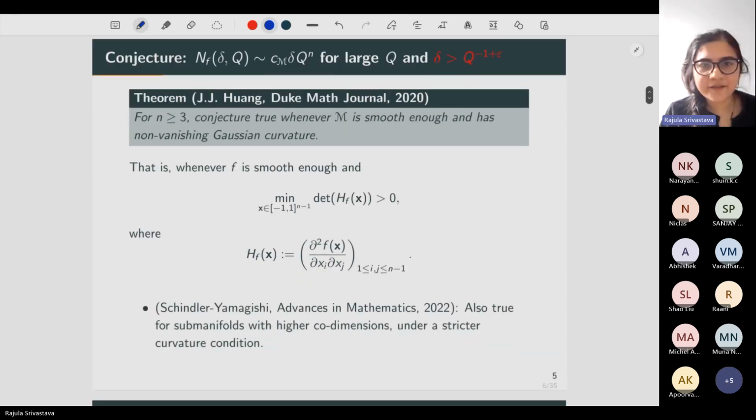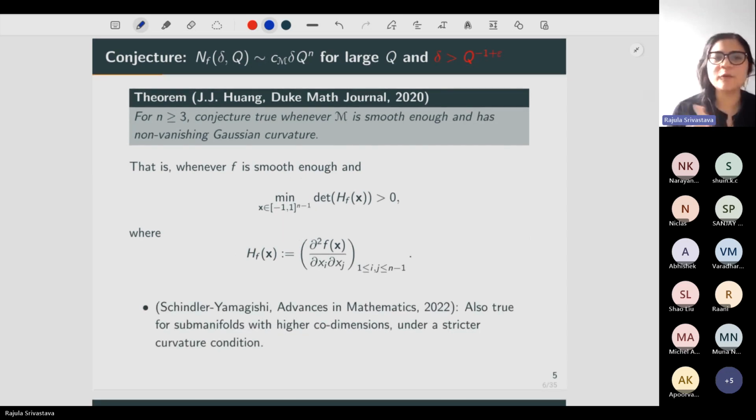Okay. Now we have the conjecture. Do we know some nice class of hypersurfaces for which this conjecture is true, the one that's written over there on top?